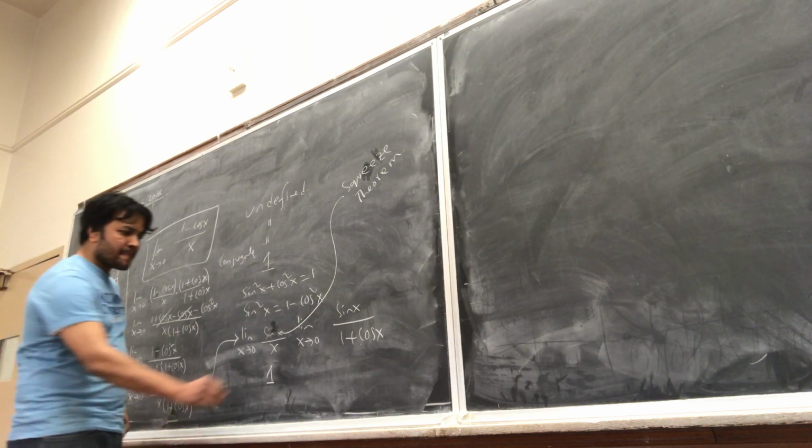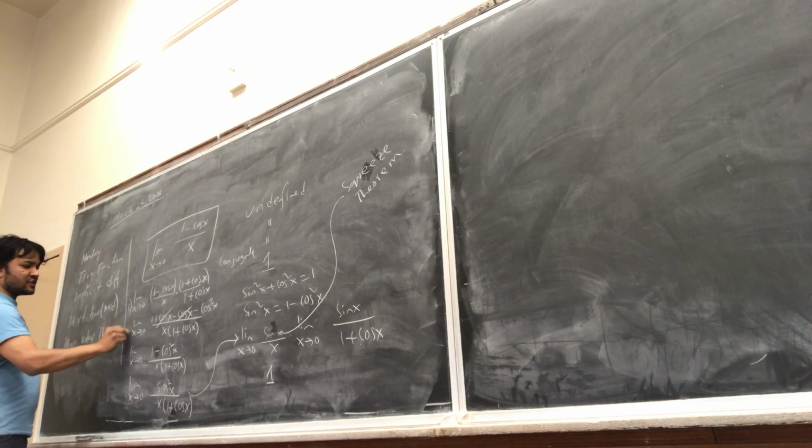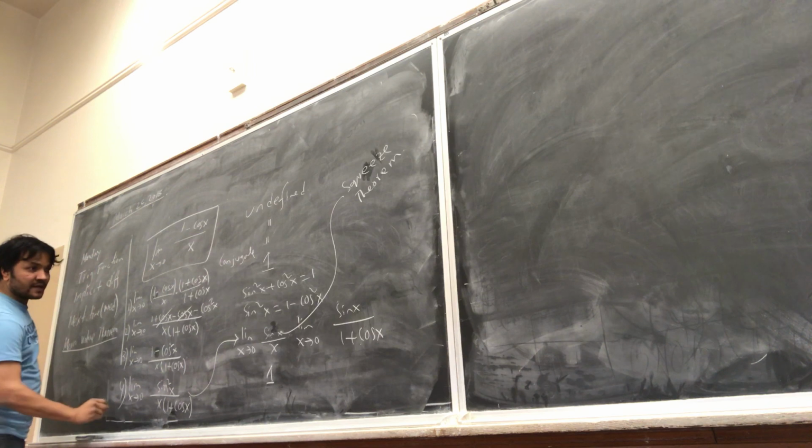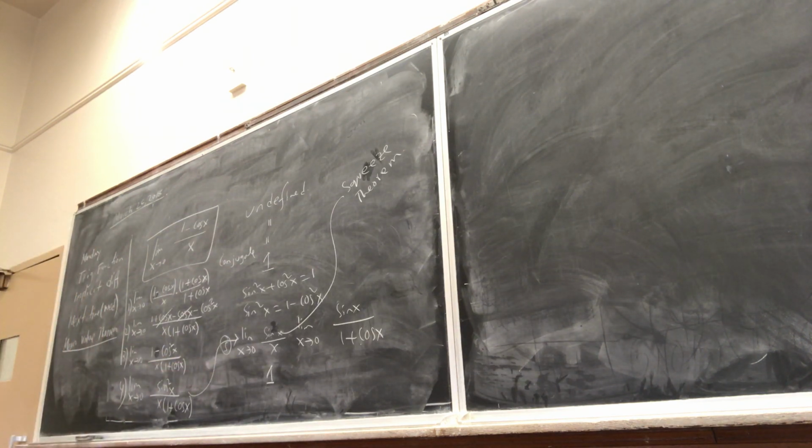Just one thing. You start with 1 minus cosine x over x in the beginning, and how do you get the next step? This is line 1, line 2, line 3, line 4, line 5. Which line do you have a problem with? Line 1. Can someone explain?